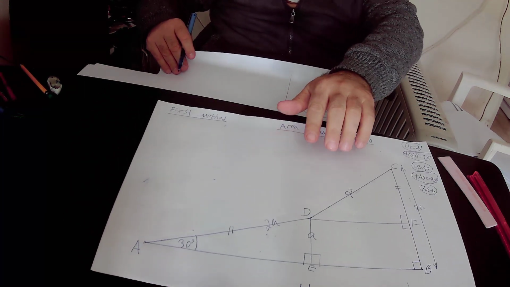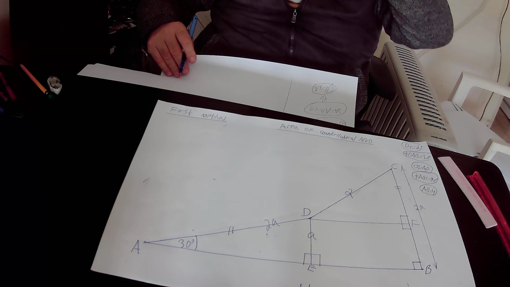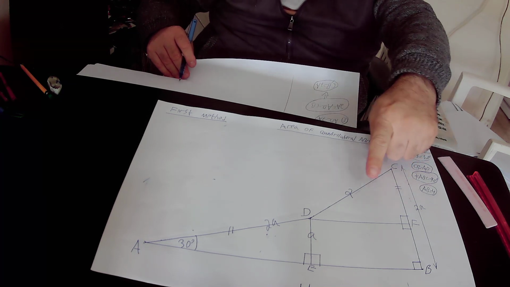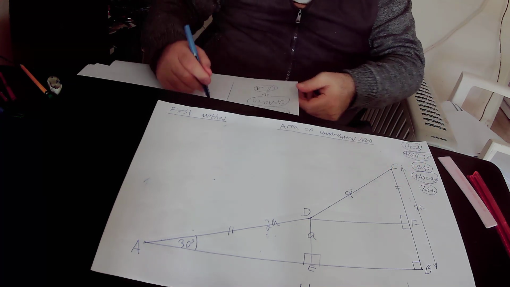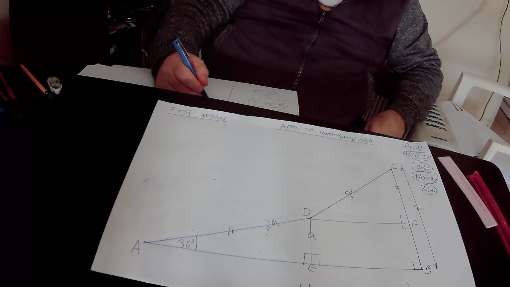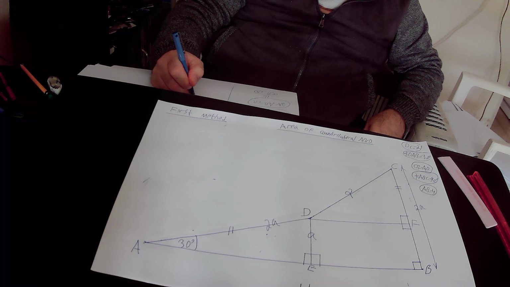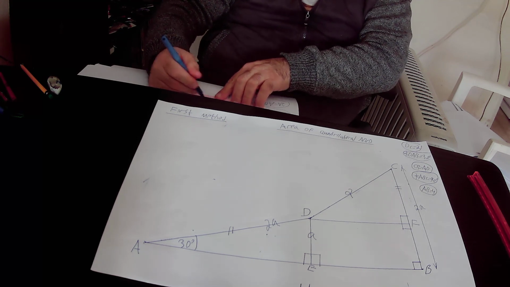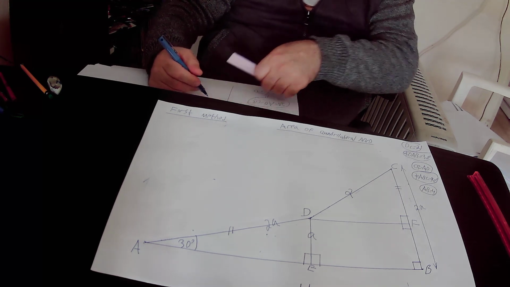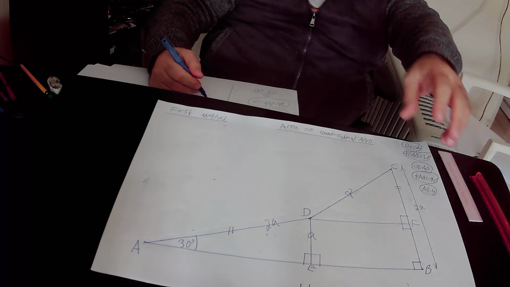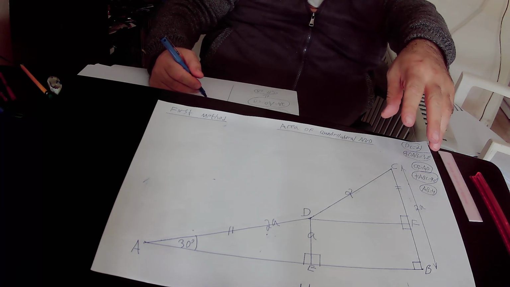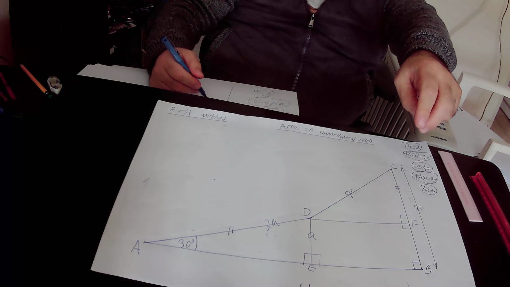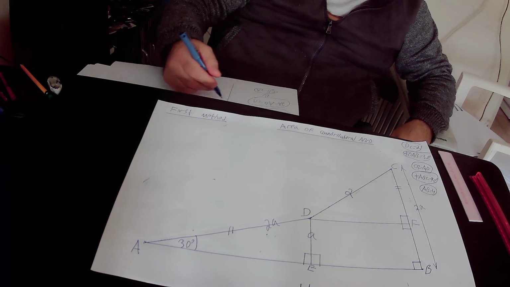So if we focus on quadrilateral DFEB, the sum of the angles inside quadrilateral DFEB must be equal to 360 degrees according to rule number 1.